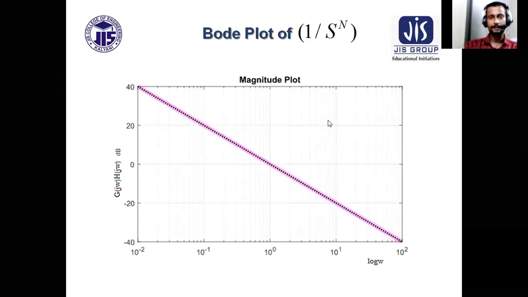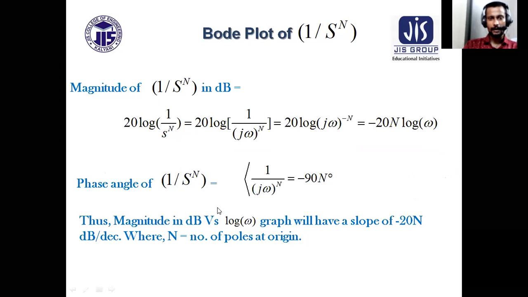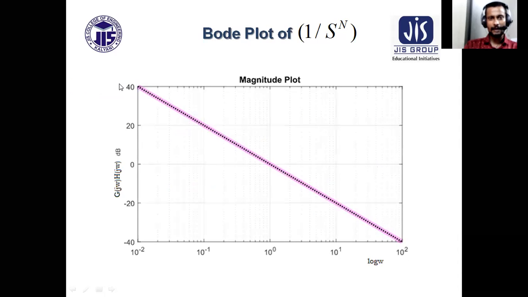Now see, this is the magnitude plot of 1 by s to the power n. As we have seen, it should have a minus 20n dB per decade slope. So what is n? n is the type of the system.